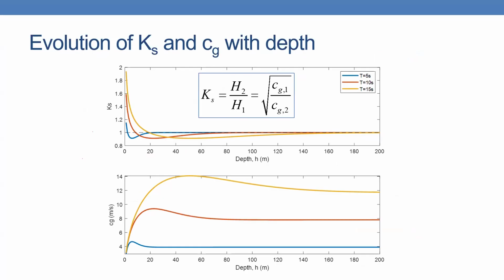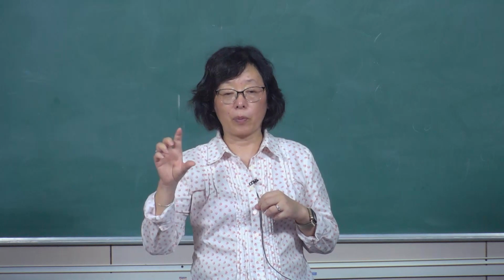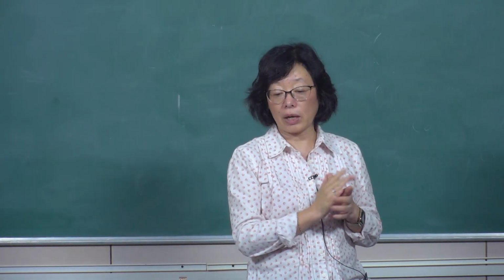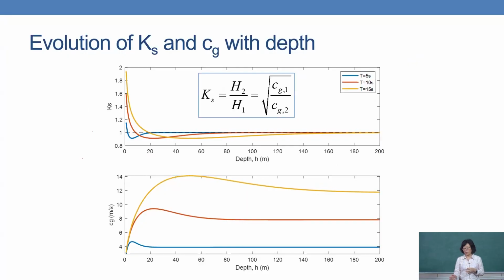You may ask, what's the value of Ks, the shoaling coefficient? It can be less than 1 or greater than 1, so the wave height will be bigger or smaller. We plot it out using the calculation. When the water depth is very deep, you can ignore the change, and Ks is very close to 1, because the group velocity is the same.